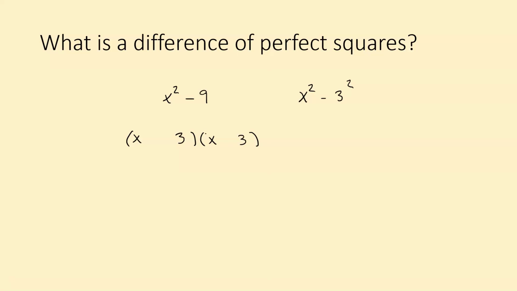That's the only way we can get 9, is 3 times 3. But it's a negative 9, so that means these have to have different signs. This has to be a plus, and this has to be a minus. So let's go ahead and distribute this, FOIL this, or use your box method, and see if we get the same thing that we had up here.